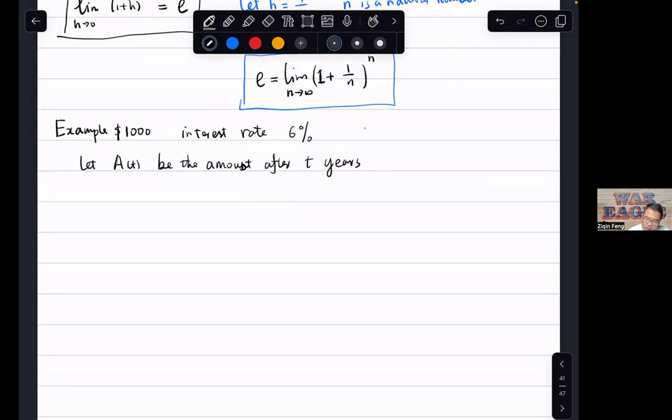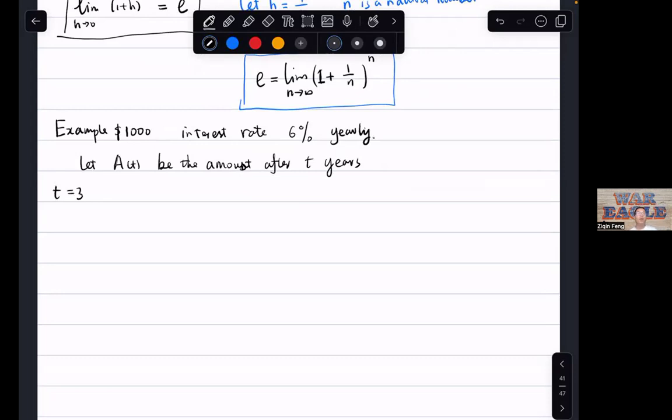So that's a yearly interest rate, which is 6%, and A of t is the amount of money after t years. We want to calculate, let's try to calculate t equal to 3, right?